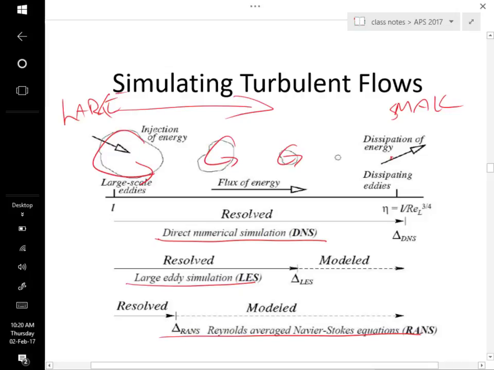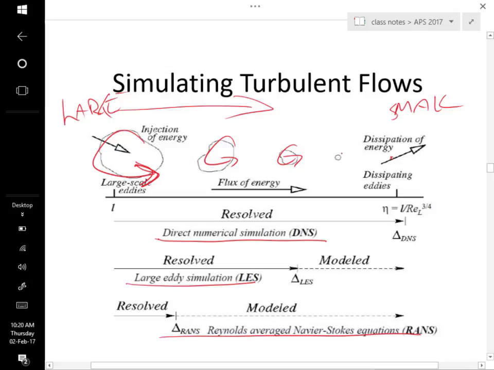And what happens is that in this method, the DNS, or direct numerical simulation, simulates all the different scales of the eddy. So we've got flows with big vortices in them, and all the way down to little tiny ones.